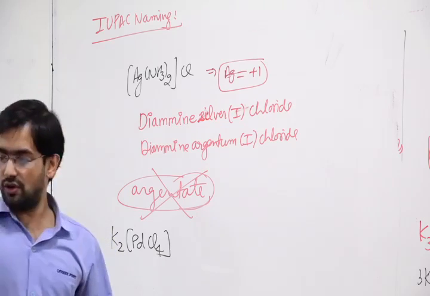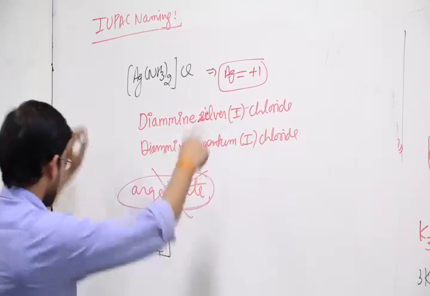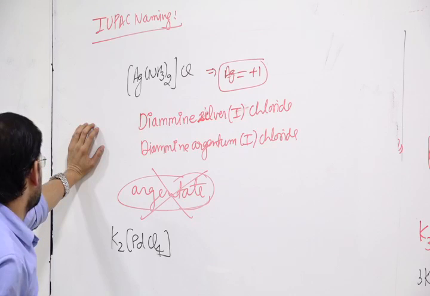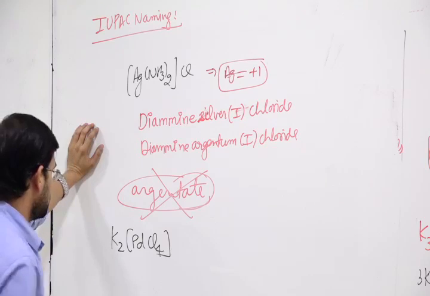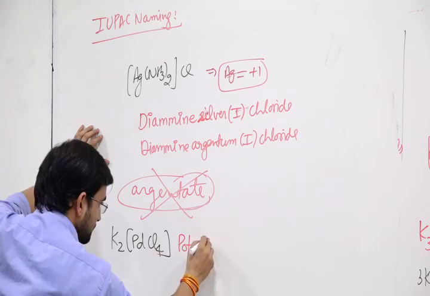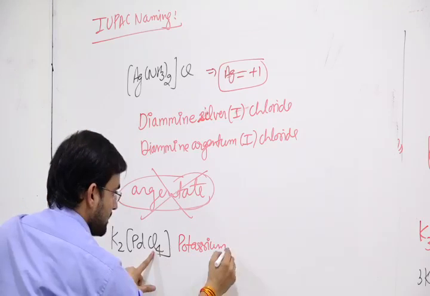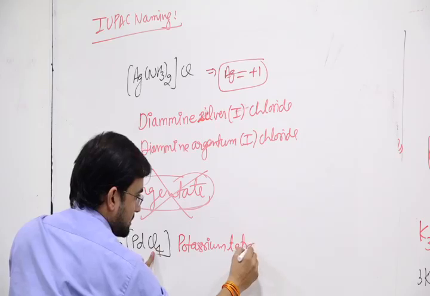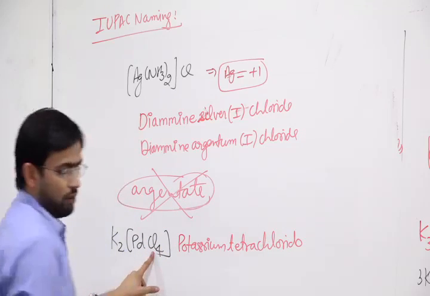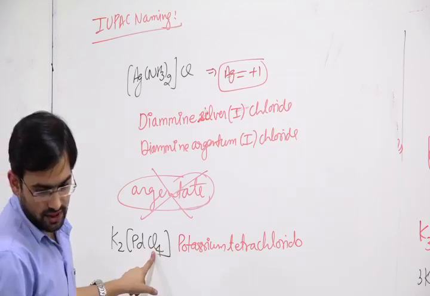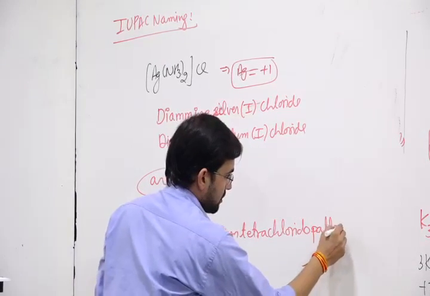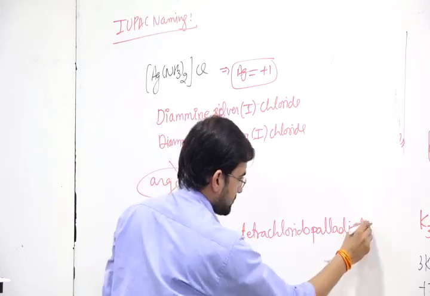Okay, so the name goes: potassium tetrachlorido, potassium tetrachloridopalladate.